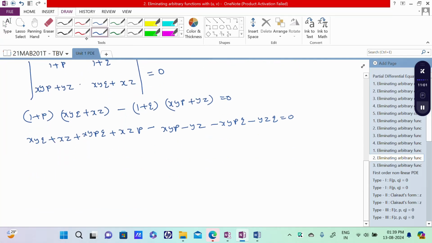Therefore this is our final result: xyq plus xz plus xzp minus xyp minus yz minus yzq equal to 0.